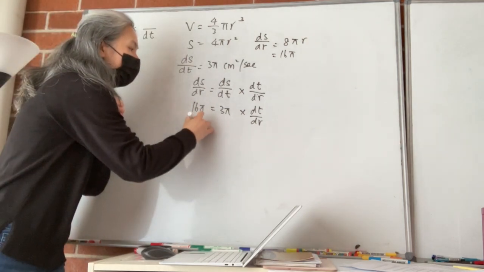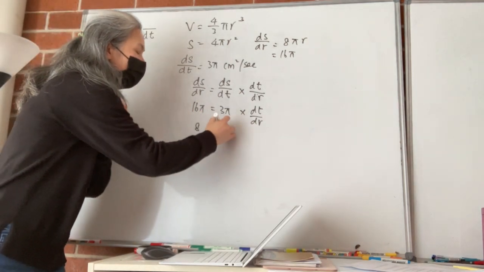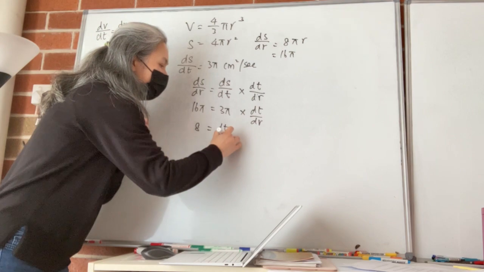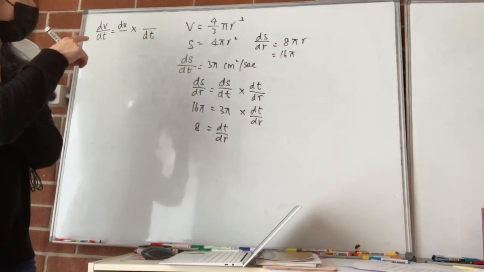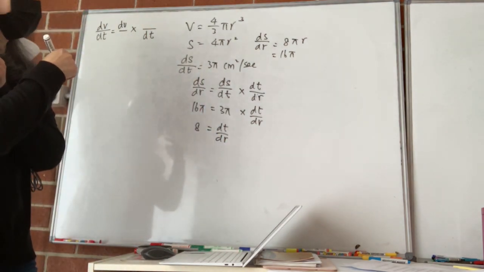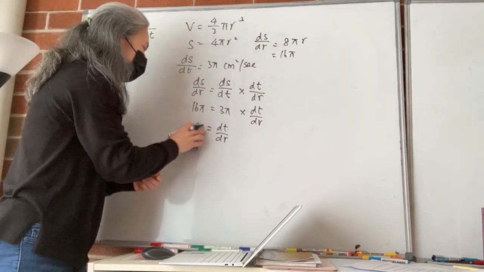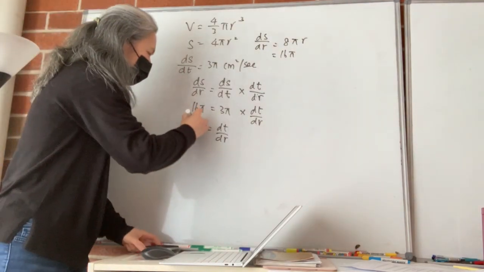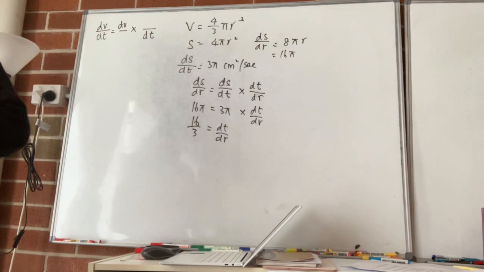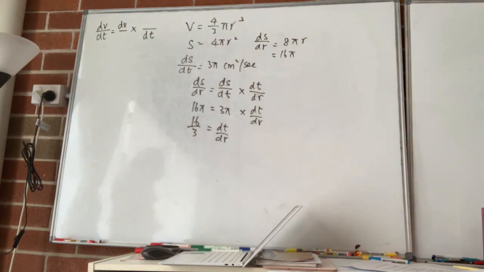That means I'm going to have 8 equal to dr/dt. 8 divided over? No, it doesn't. No. That was so wrong. Okay.